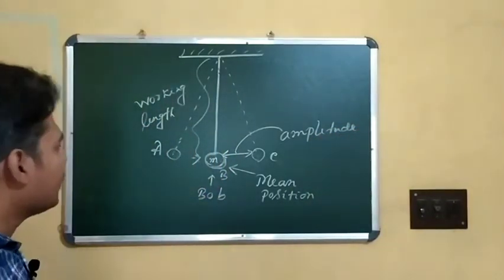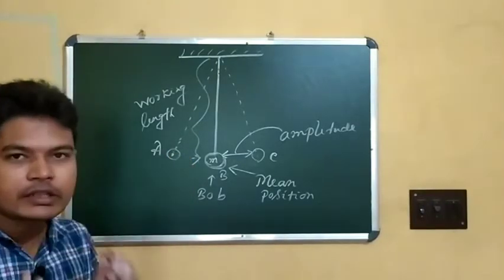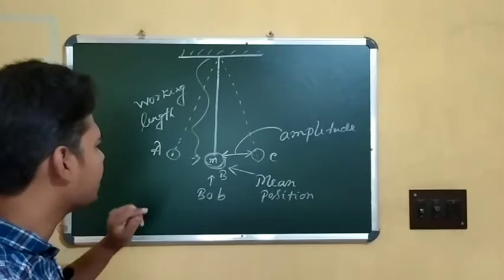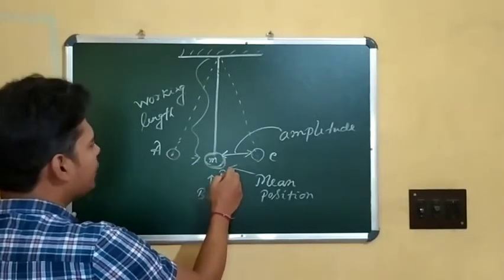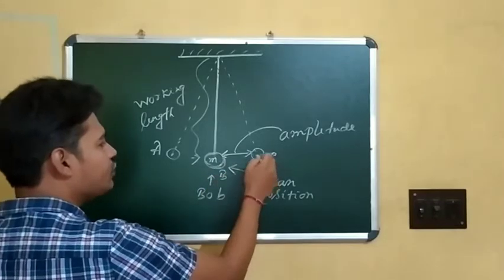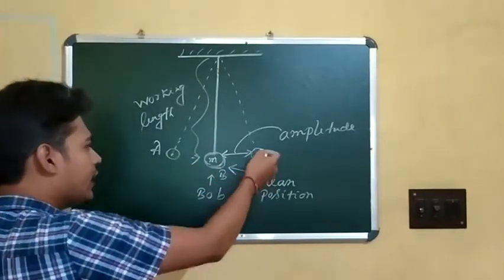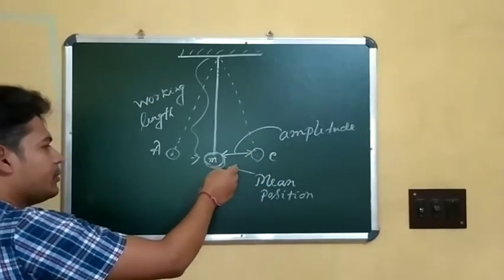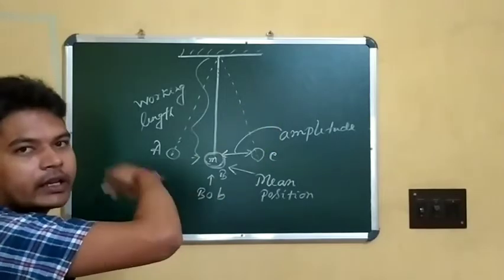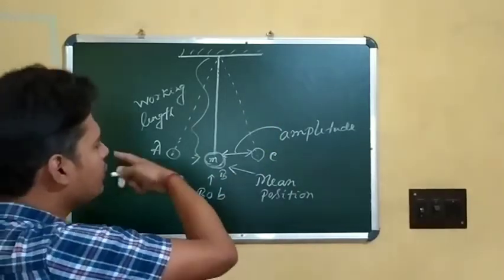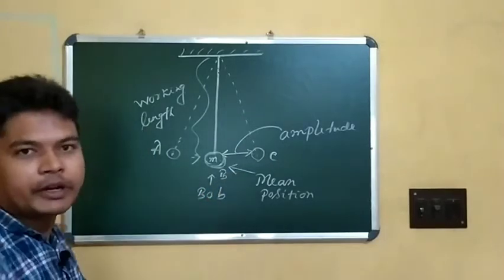Okay, now we just consider the motion from point A. So point A to B and then B to C. In this way again it comes back from C to B then B to A. In this way it repeats its path again and again. That is the oscillatory motion. So it is called an oscillating simple pendulum.